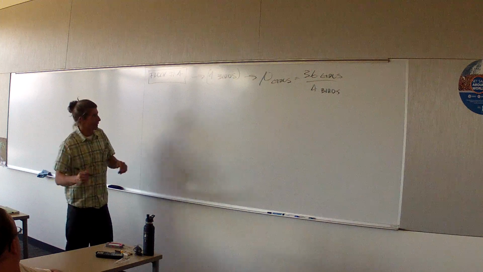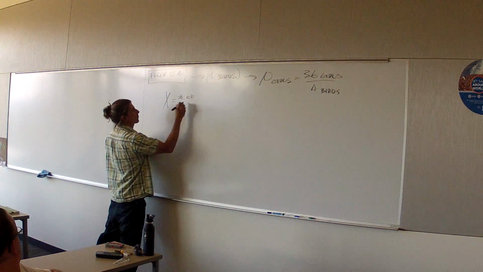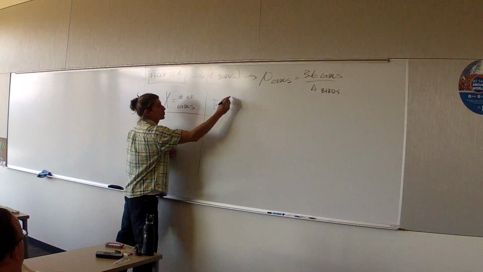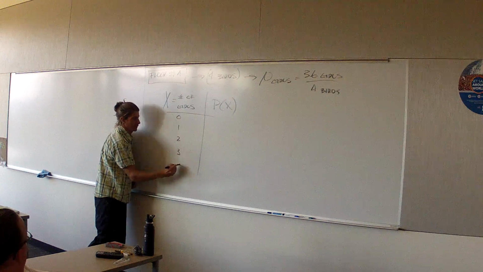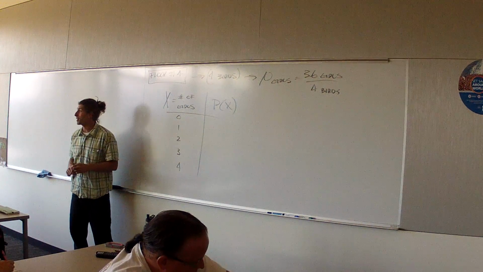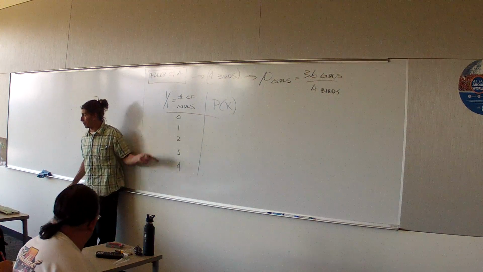Totally awesome. Here's what I want you guys to do. I want you to practice this right now. Make this distribution for me, where X is the number of girls, and of course you know what the values of X are. That's how many girls we can have, correct? 0 through 4. So it's very much like the one you asked for so many minutes ago in the homework, 0 through 4.